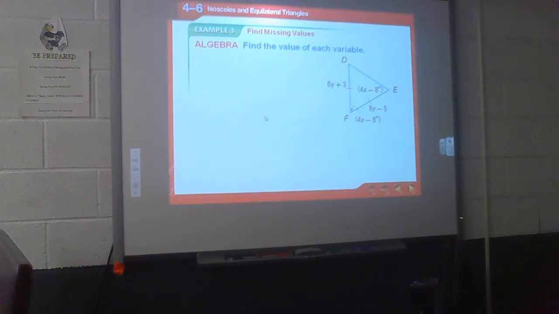So how in the heck can I find x? Is it possible for me to find x? Why are they equal to each other? Because the two sides are congruent, so then the two angles are the same. But do the sides and the angles go together? No, but you put 4x minus 8 equals 4x.